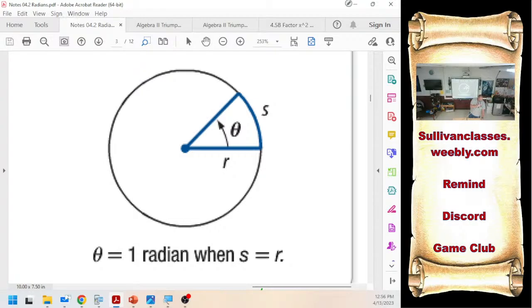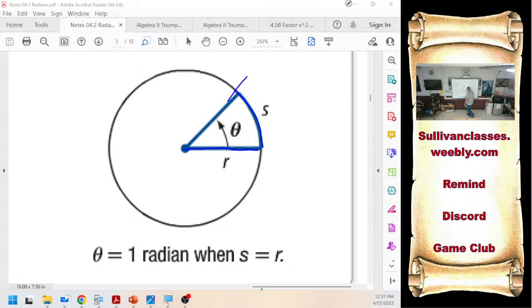That's a radian. 1 radius of arc length is equivalent to 1 radian of rotation. They took this radius, and they go that far, and that's going to be a radian.